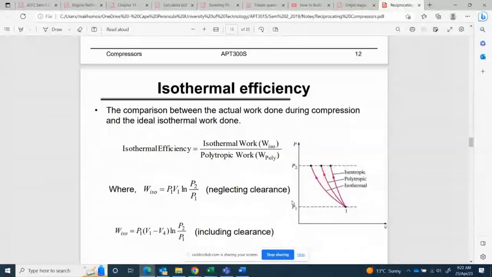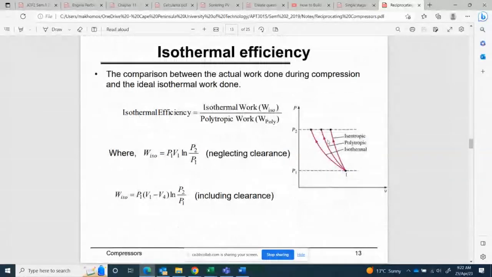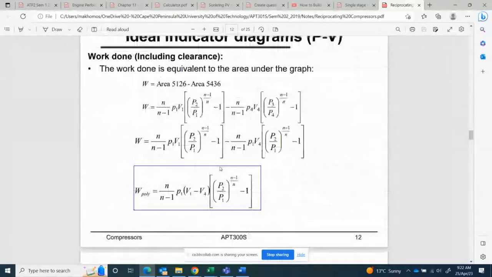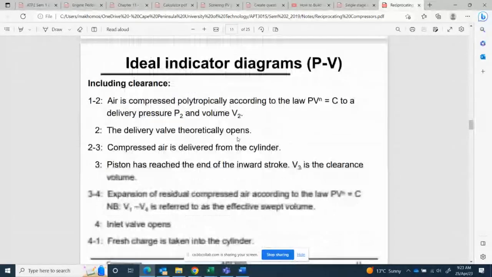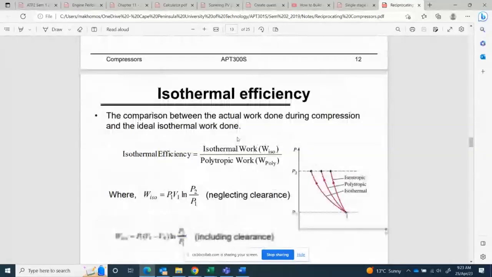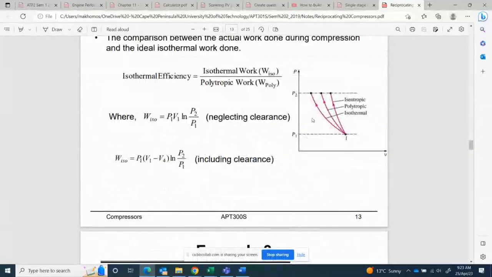Now, let's have a look at this sketch here. This is very, very important. Remember what I said here? I said the compression takes place according to PV^n = C. Now, why are we not using isothermal compression or adiabatic compression? Let's have a look at this sketch. This sketch will tell us why we are using polytropic instead of isothermal.